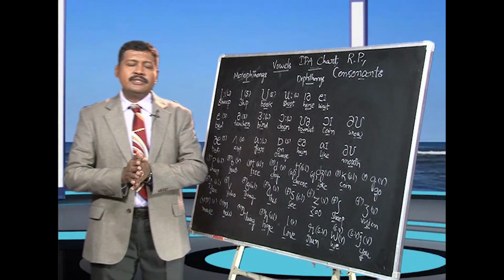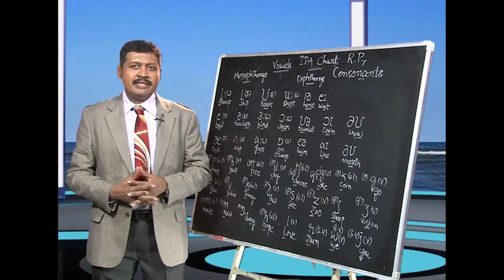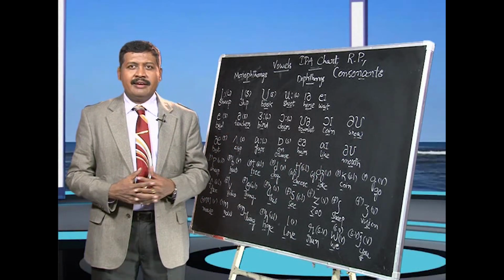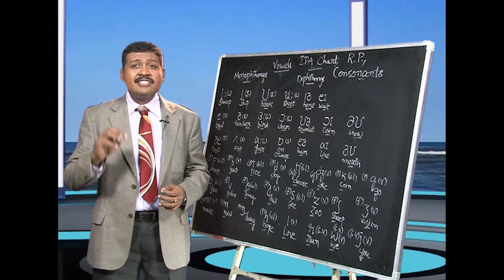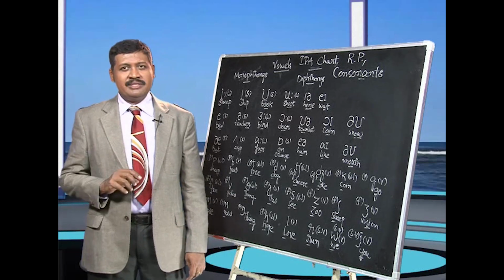Viewers, so these are the vowel sounds, and only the sound will determine which article to be used, as I told you. In fact, we have seen these examples in the previous classes also. For example, European. E is again a vowel letter, just like university.